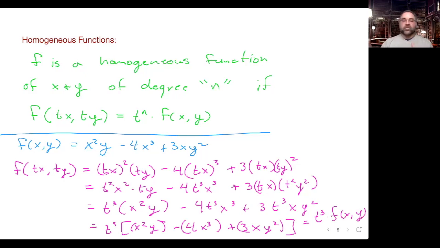So if my question was, is my original function f of x, y homogeneous? Yes, it is. And what is the degree? It's a third degree homogeneous function. Does that make sense? It's just a matter of plugging tx and ty into your equation and seeing whether you can factor out a common factor of t to some power. Okay, let's try this one.